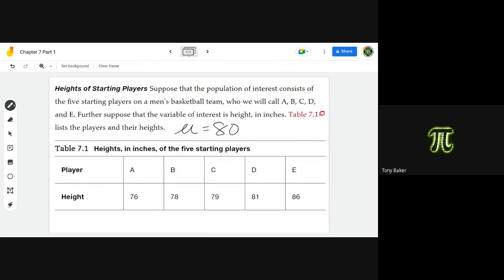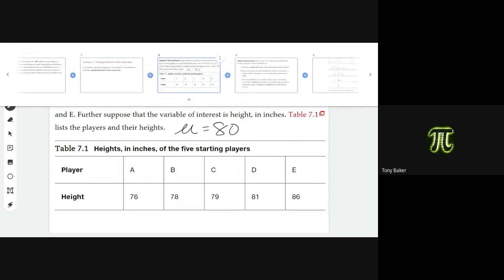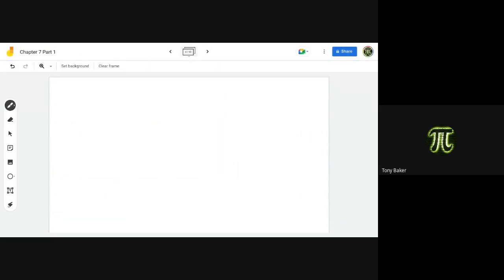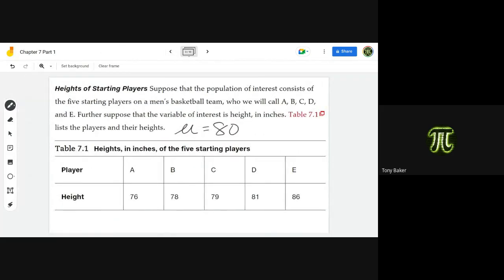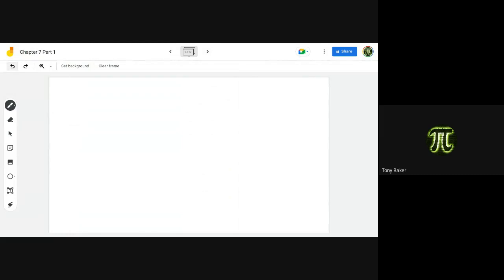So we have our population mean for this one, but I want to understand how we define sample means and how that varies. So the first thing we're going to do is sample sizes of 2. We've got A through E, right? Yep, A through E. So I want to come up with sample sizes of 2.